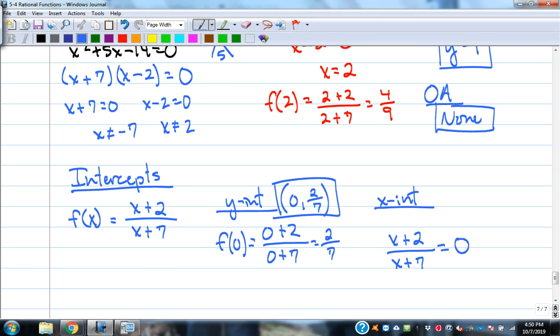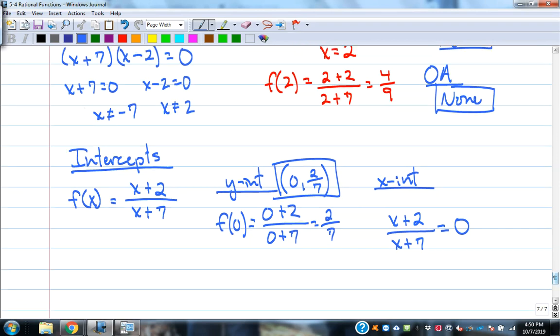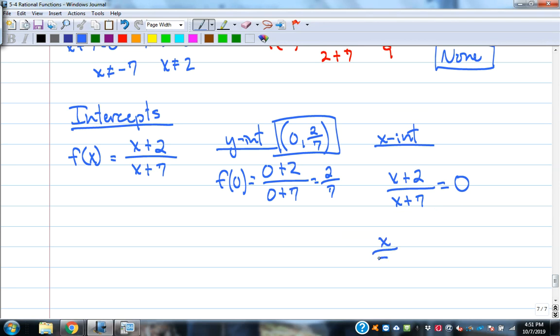Which actually turns out pretty easy on this problem because there's only one thing on the top and one thing on the bottom. If this were a problem that said x over 5 equals 0, how would you solve for x? Multiply by 5 and it'd get rid of it, right? So the same thing up here. How do I get rid of x plus 7?